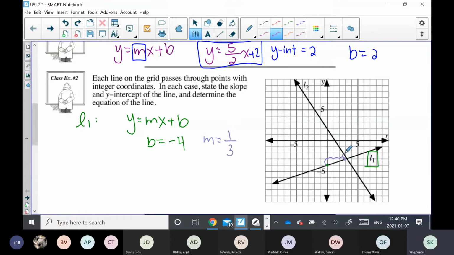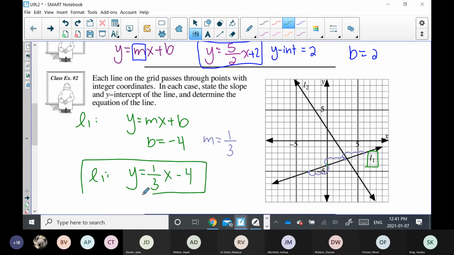Rise of 1, run of 1, 2, 3. Yes, I get back on my line. If I fall 1 and go to the left 1, 2, 3, I get back on the line. So that's the slope, that's the y-intercept. I could now write the equation of line 1. It is going to be y is equal to 1/3 x minus 4. And that would be the equation of line 1.